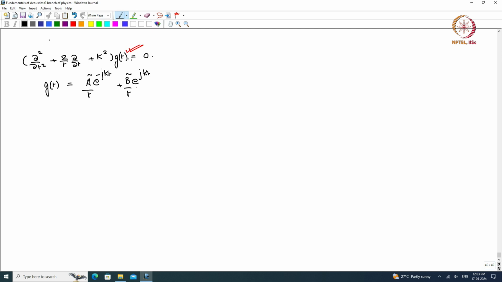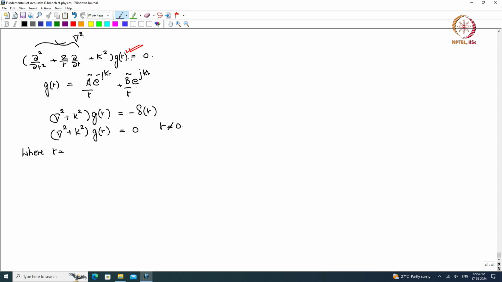If this is del square in θ φ symmetric spherical coordinates, then the inhomogeneous equation is (del square plus k square) g of r equals minus delta of r, and (del square plus k square) g of r is 0 for r not equal to 0.